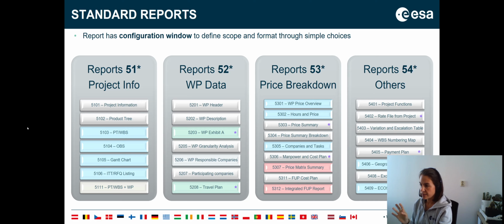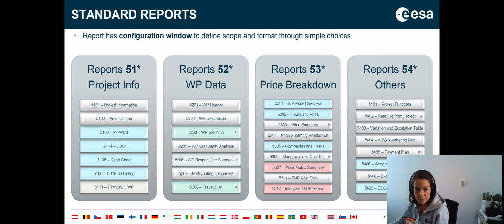So having a look at this list, I've put them in separate boxes. So you can choose between the reports that start with 5.1.